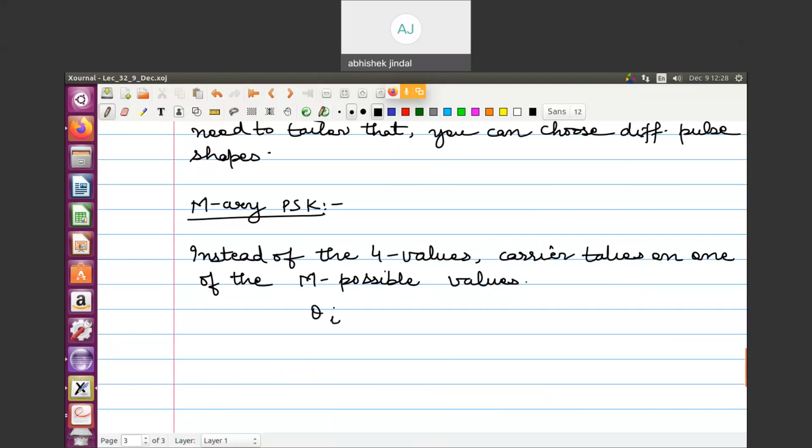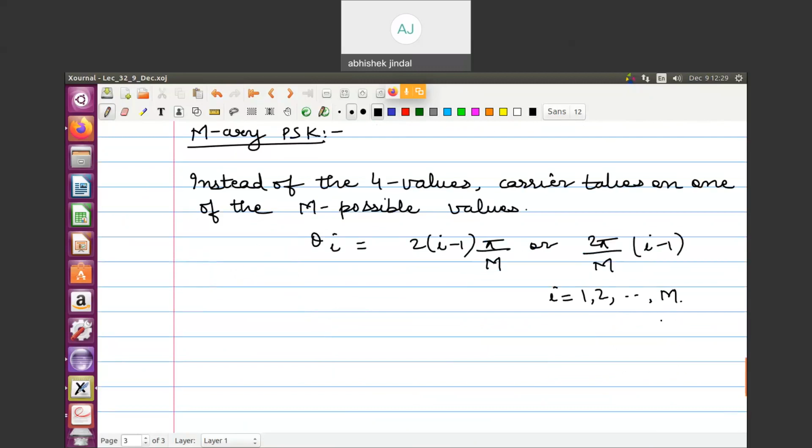For that, theta i will be 2(i minus 1) times pi by capital M. Or the way to see it is you divide 2 pi into capital M equidistant points, and then you multiply by the index i minus 1, where i lies from 1 up to capital M. Because for 1 it is 0, and for 2 it will be 2 pi by M, then for 3 it will be 2 into 2 pi by M, then 3 into 2 pi by M, and it goes up to 2 pi.